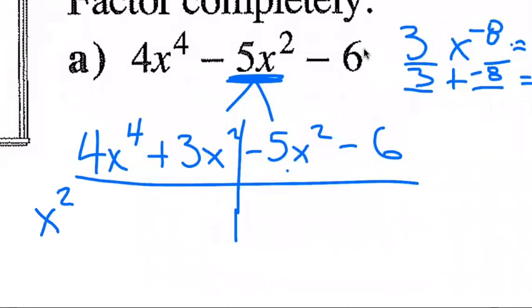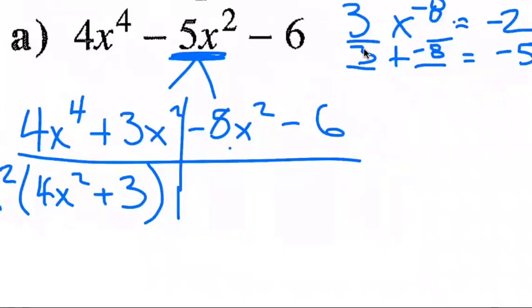If I factor out an x squared from 4x to the 4th, I get 4x squared. If I factor x squared from 3x squared, I get 3. The next side, minus 8x squared minus 6.